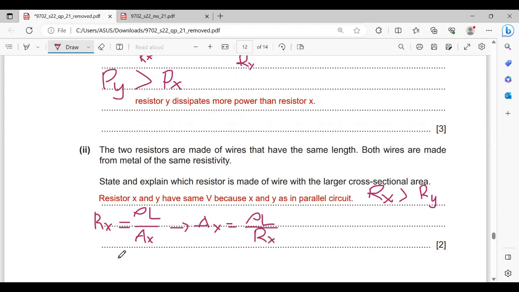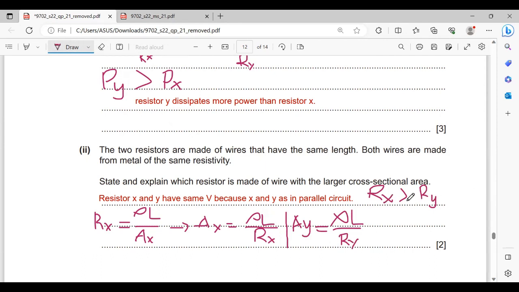And then for Ry, Ry equals rho L over Ay. It means Ay equals rho L over Ry.